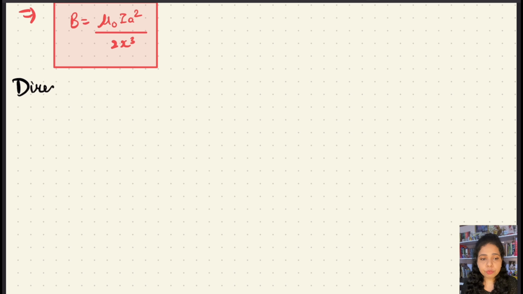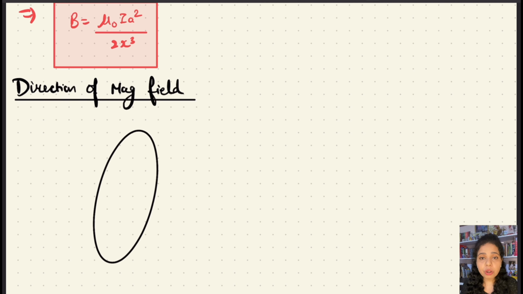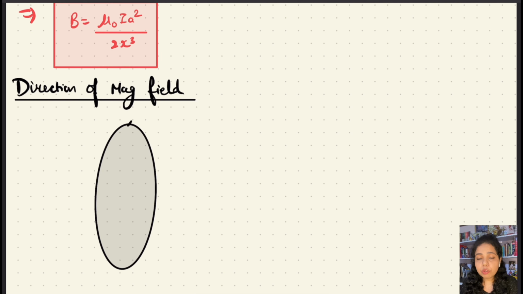Now we need to find the direction of magnetic field. So article is over. We have found the magnitude of magnetic field at a point, but we need to calculate the overall direction. So as the current was flowing in the anti-clockwise direction, and if we apply right hand curl rule in the upper portion of the wire at this point, then we will find that the fingers are turning in an anti-clockwise direction.